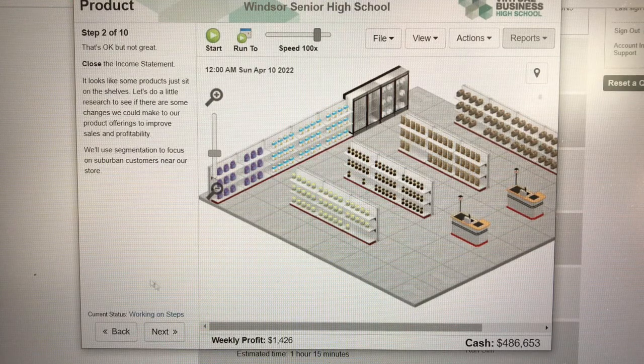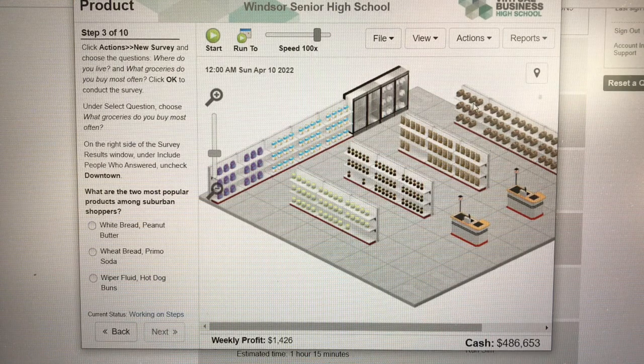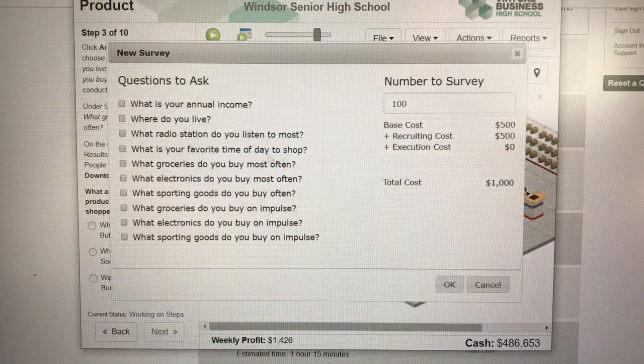So you need to figure out what you're dealing with customer-wise. The next thing, it says Action, New Survey, and it says what's the most popular product among suburban shoppers. So we're looking for what the suburban people like. I'm going to ask what groceries they buy most often, and I'm going to ask what they buy on impulse too.